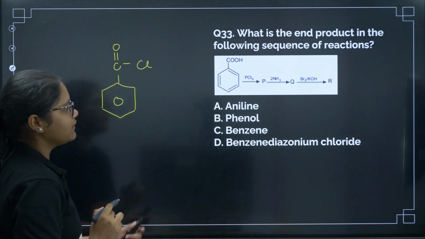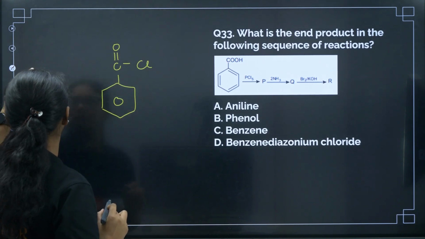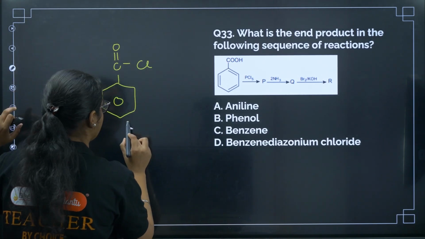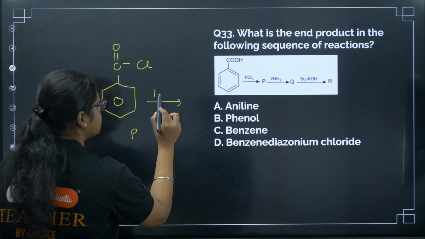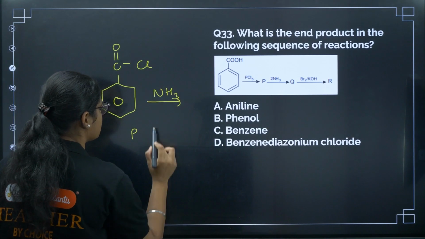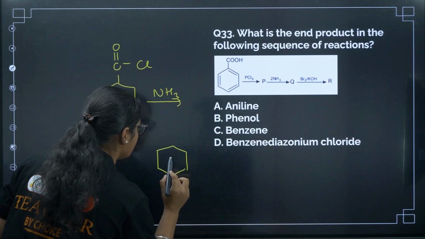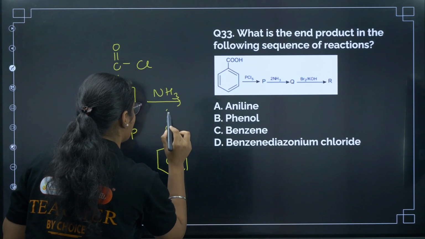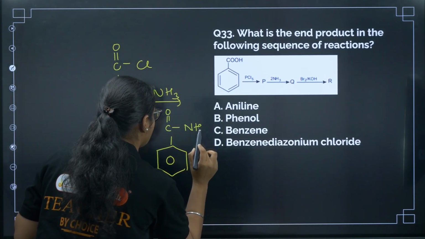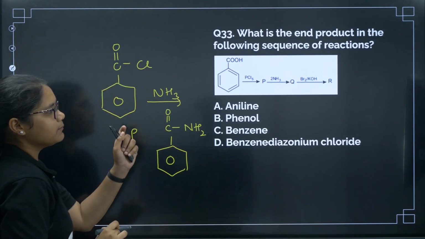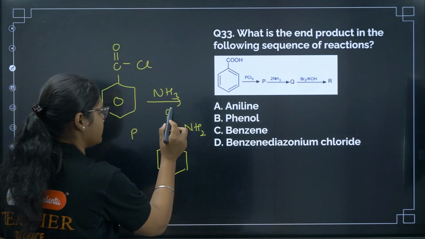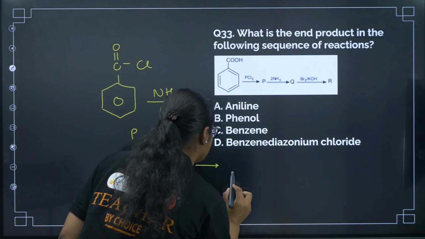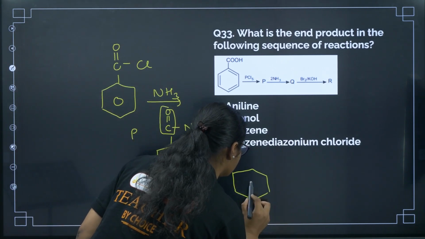This is my P. Then when you treat it with NH3, this will be converted to C6H5C(=O)NH2. Now when Br2/KOH is used, that is your Hofmann bromamide degradation, the carbonyl part will be eliminated and we will get an NH2 group here.